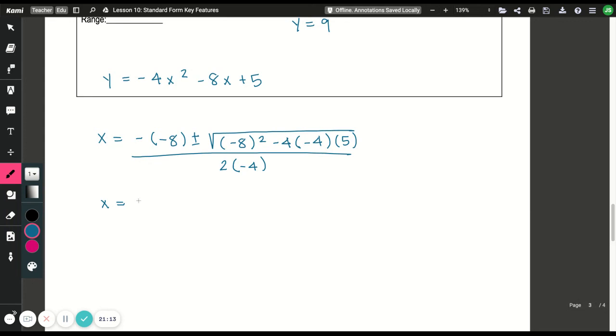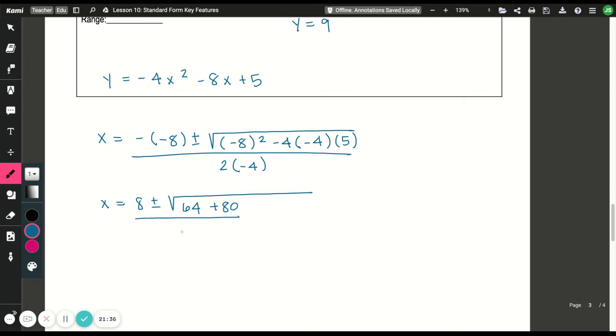So that makes that +8 plus or minus the square root. -8 squared is 64. This is going to end up being positive because I'm multiplying a negative and a negative. 5 times 4 is 20, times 4 is 80.